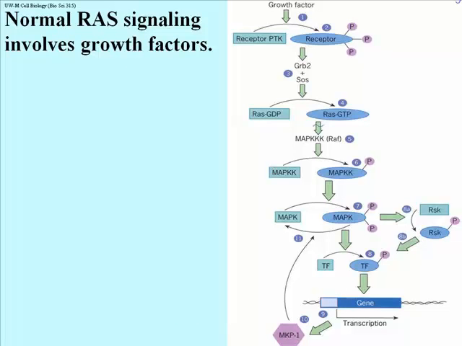The RAS gene was first discovered as a viral oncogene, delivered to normal cells by a virus and causing them to become cancerous. Only after its cancer-causing properties were pretty well known was this RAS gene actually shown to be a normal gene in the human genome and as well in other animal genomes.